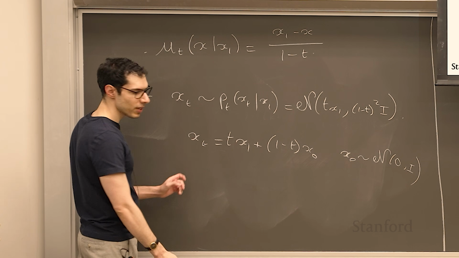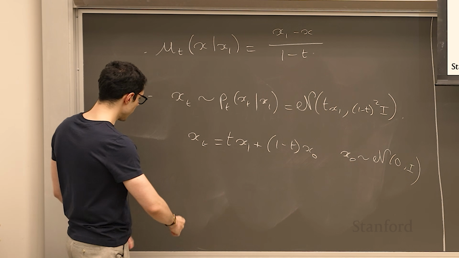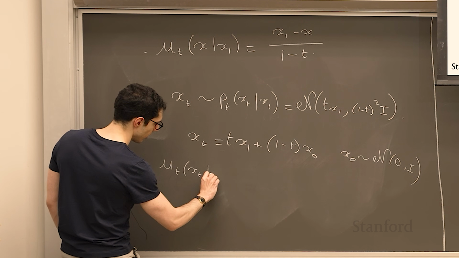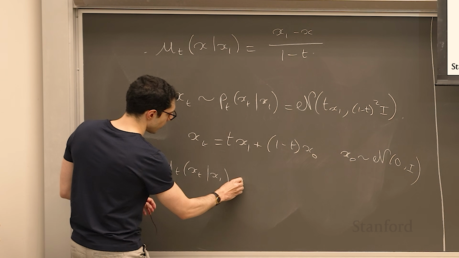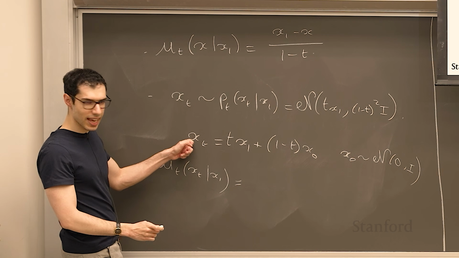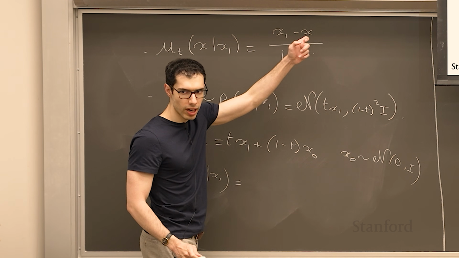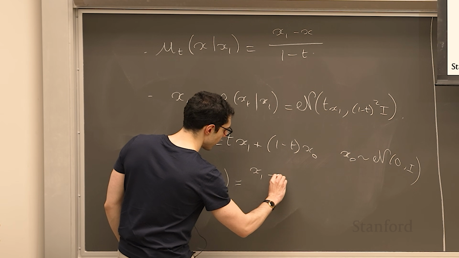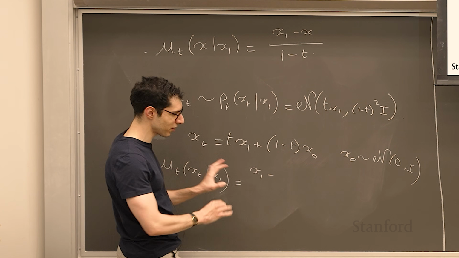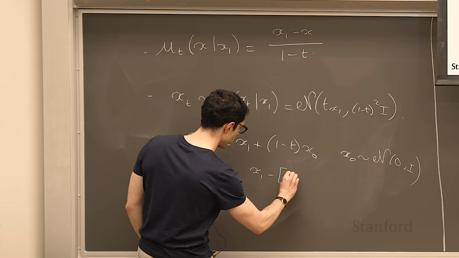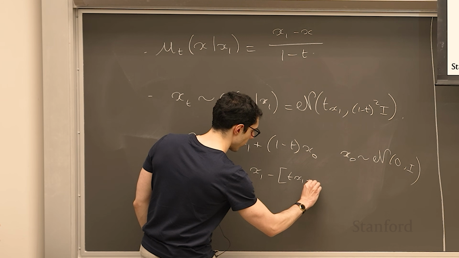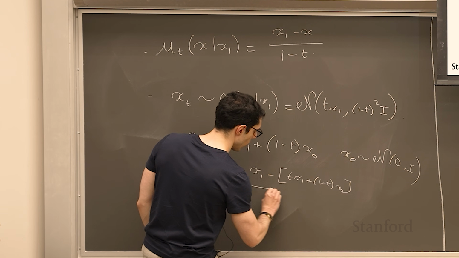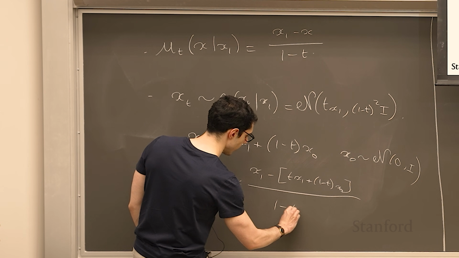So what that means is, ut of xt given x1, if I were to just replace xt in this formula, what I would obtain is x1 minus, so xt, I'm just going to directly replace just because I don't have space, t x1 plus 1 minus t x0, over 1 minus t.